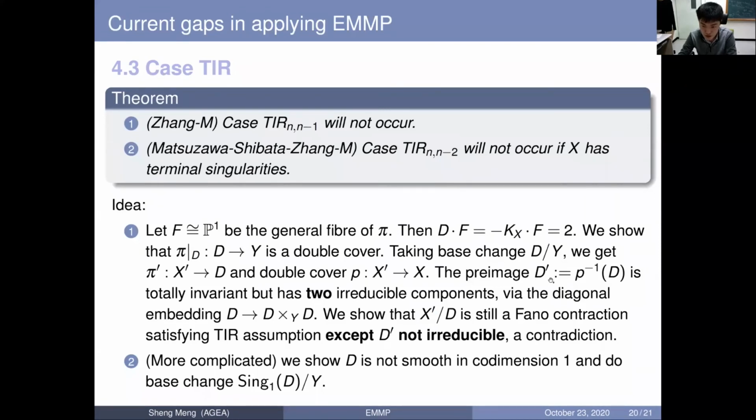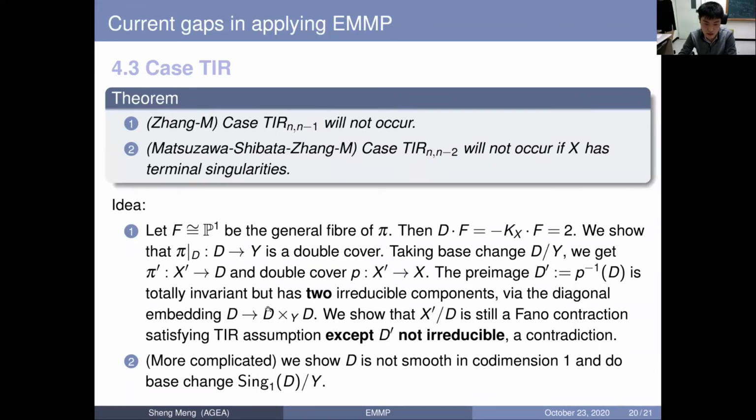So the P is equivariant, so the preimage is totally invariant. But now it has two irreducible components, while the diagonal embedding, here D cross Y D, is nothing but P inverse D. And the map is sending small d to (d, d).